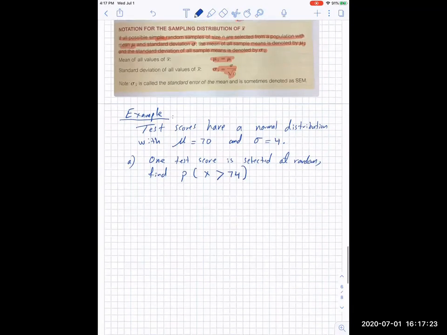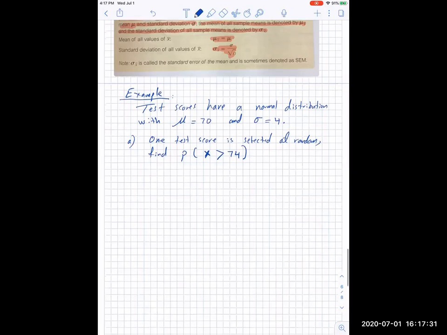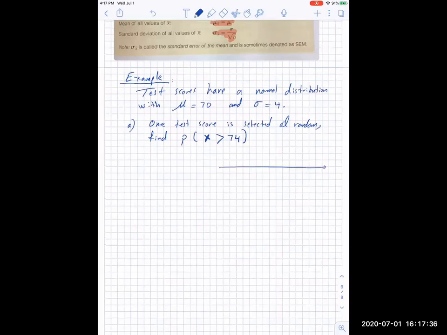We did that in the previous section, right? We talked about the distribution of test scores, or distribution of data values. Our test scores have a normal distribution. This is the distribution of X. The center is the population mean, 70, I'm sorry, and the standard deviation is 4. That's the distribution of X, the test scores.